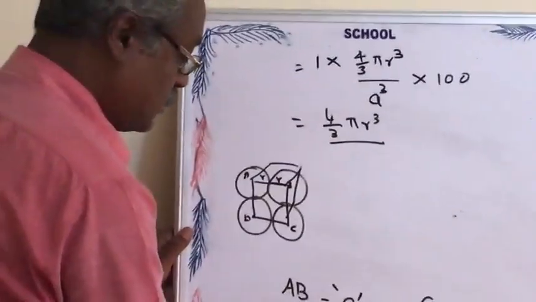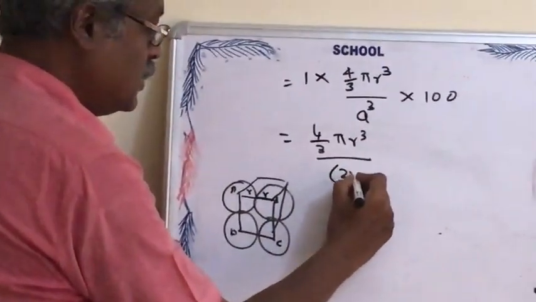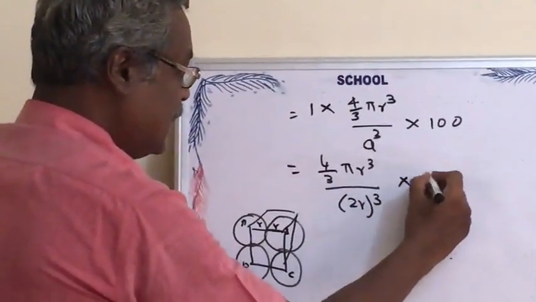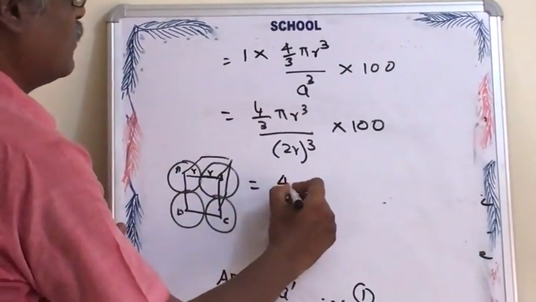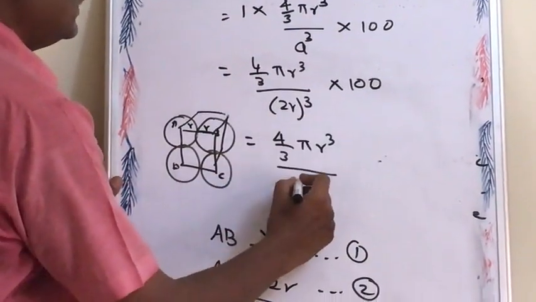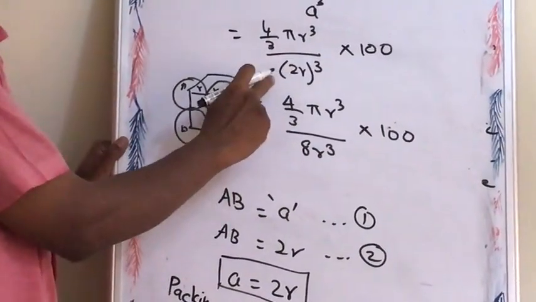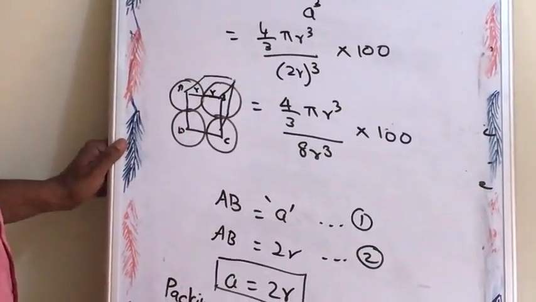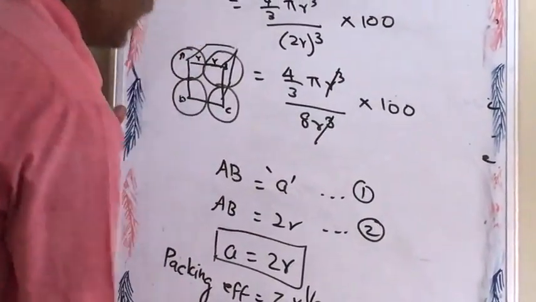Already we know that a equal to 2r. So instead of a, I am putting 2r whole cube into 100. So once again 4 by 3 pi r cube divided by 8r cube into 100. Just expanding this 2r cube gives 8r cube. Now r cube will get cancelled.